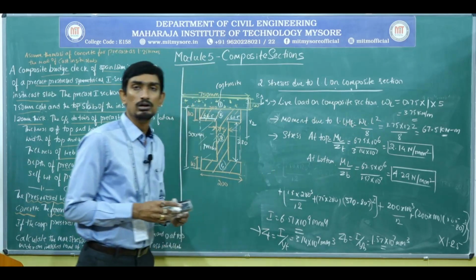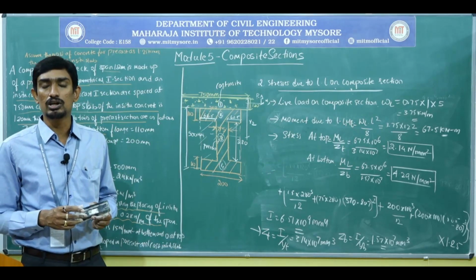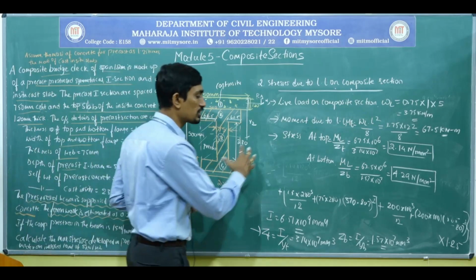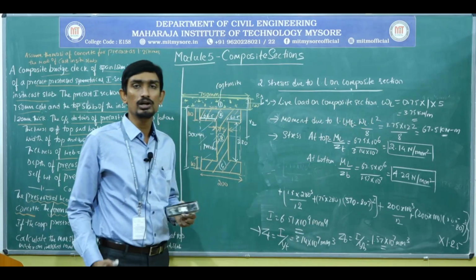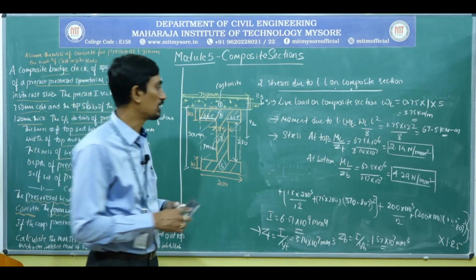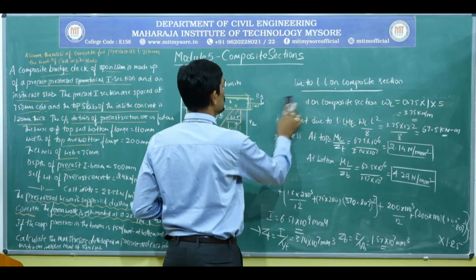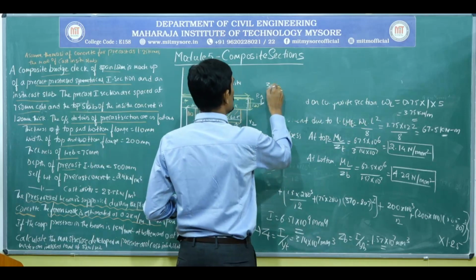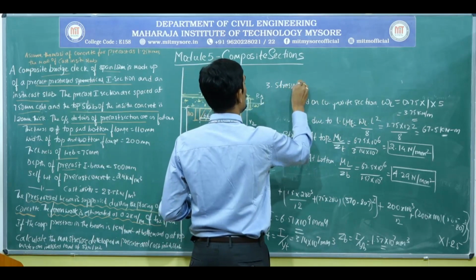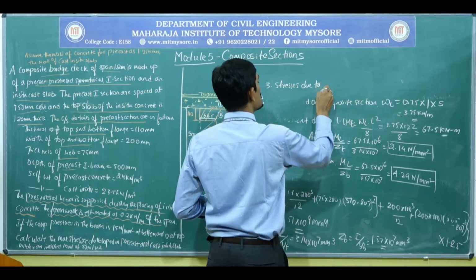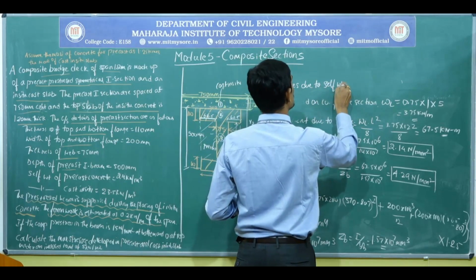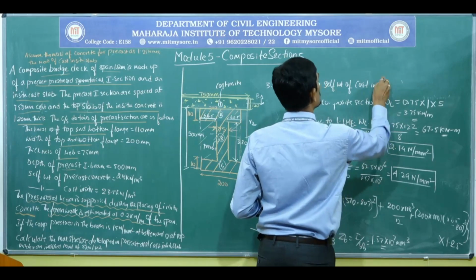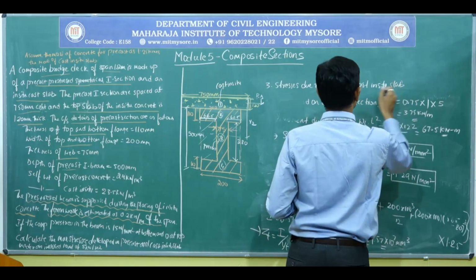Okay, so now we can easily go ahead with the calculation of stresses due to the self-weight of cast in situ slab, because we know the dimensional parameters of the composite section. So the next step, number 3, is stresses due to self-weight of cast in situ slab.